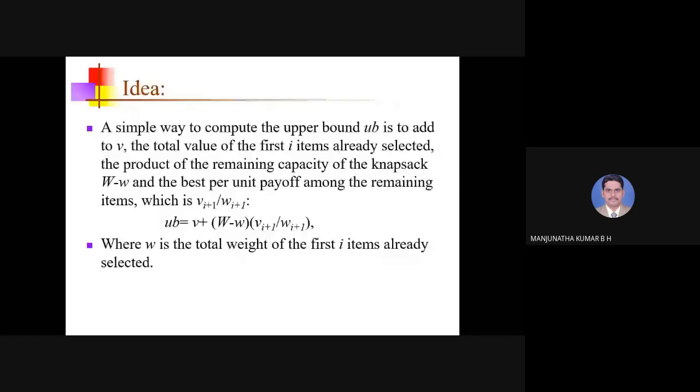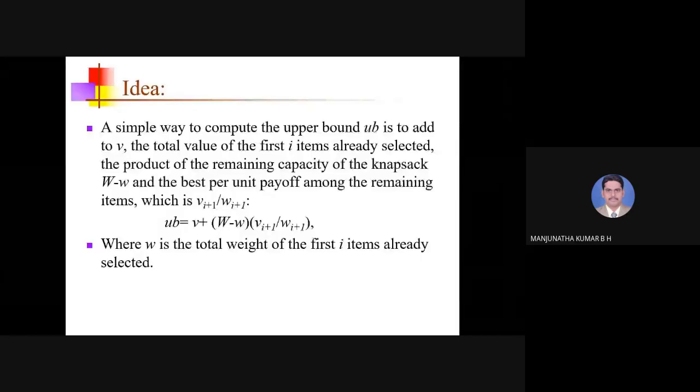Let me repeat again. UB means upper bound value. Small v is the profit gained till now. Big W is the maximum capacity of the knapsack. Small w is the total weight of the items which are placed in the knapsack. So big W minus small w is the remaining capacity, multiplied with the profit weight ratio of the next item, that is I plus 1.